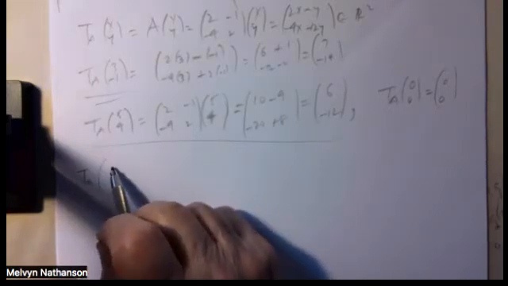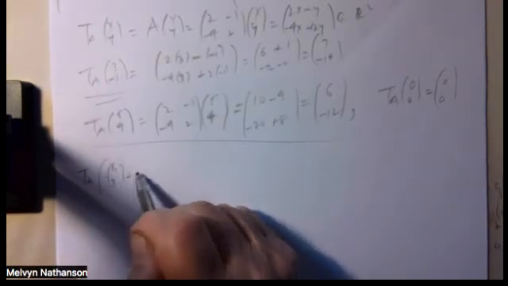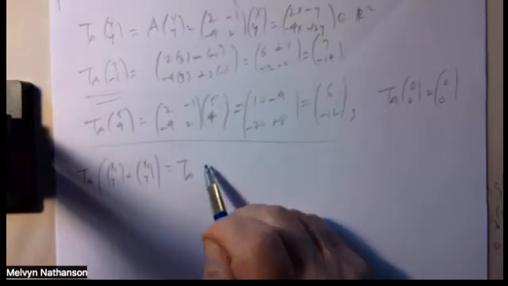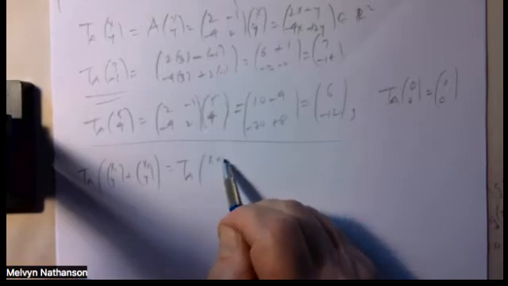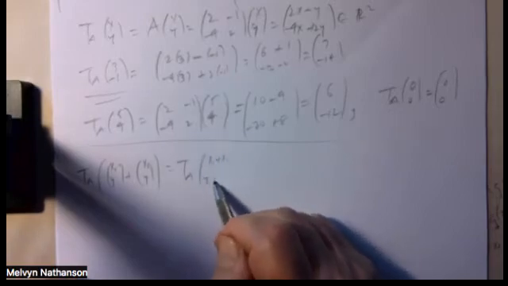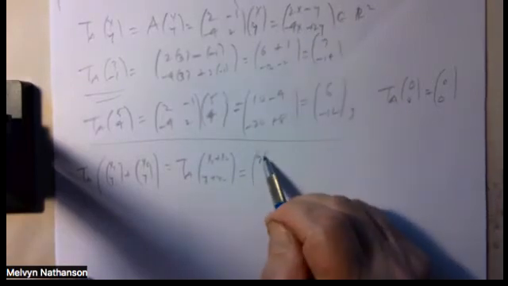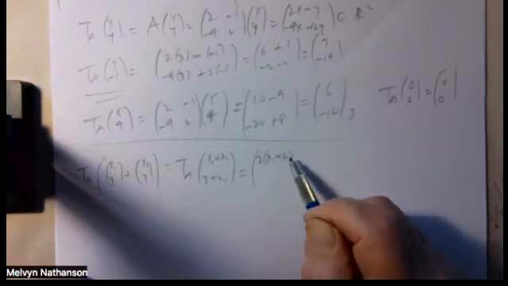Suppose I have the two vectors, x1, y1 plus x2, y2. That's T sub A of x1 plus x2, y1 plus y2. That's equal to 2 times (x1 plus x2) minus (y1 plus y2). That's the definition of this function.